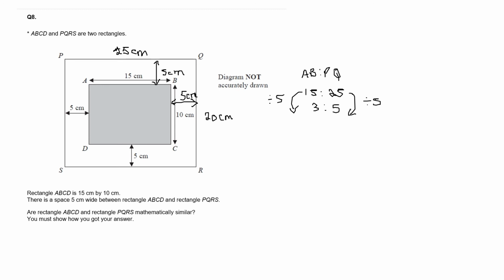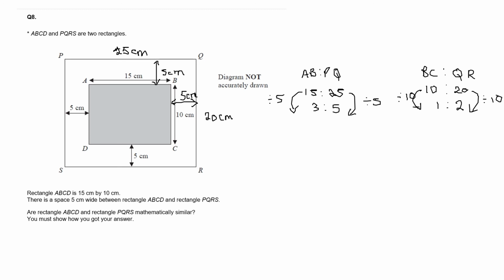And then let's have a look at BC to QR, because those two sides correspond. So BC is 10 centimetres and QR is 20 centimetres. And let's simplify that by dividing both sides by 10. And that's going to give me 1 to 2.